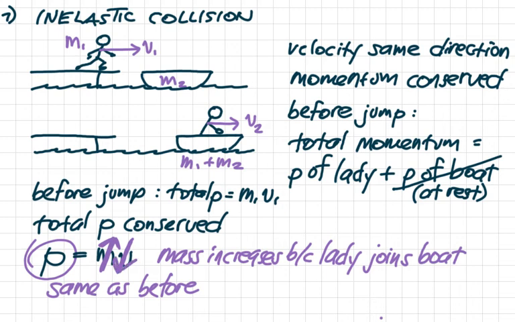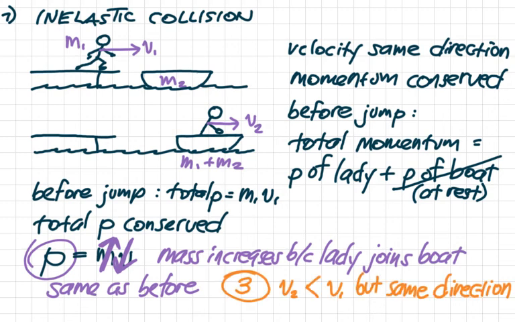So that means when the lady jumps into the boat, they'll still move forward, but with a slower speed. So yeah, in the end, for number 7, the answer is choice 3. The velocity v2 of the lady and the boat together will be less than the original running velocity of the lady by herself, so v2 will be less than v1, but it will be in the same direction.